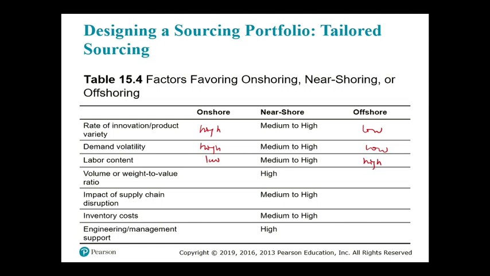Volume or weight to value ratio, which basically means whether the product is bulky. If the weight to value ratio is high, meaning it's bulky and possibly less valuable, onshore, because the transportation of bulky items is very costly, right?